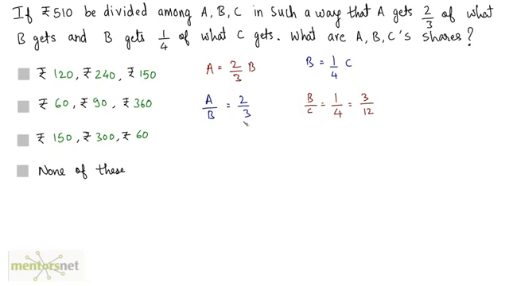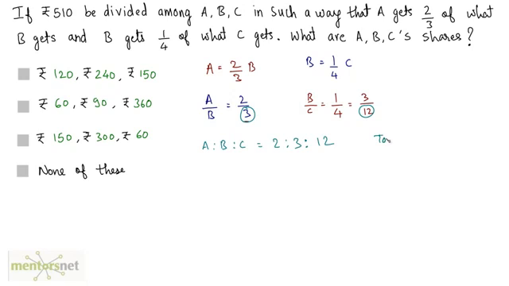So B's values are common here. So A is to B is to C is 2:3:12.